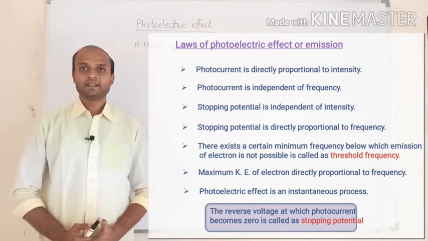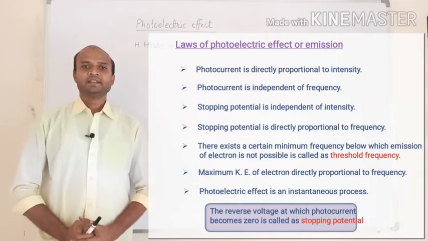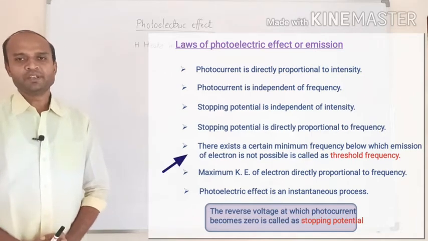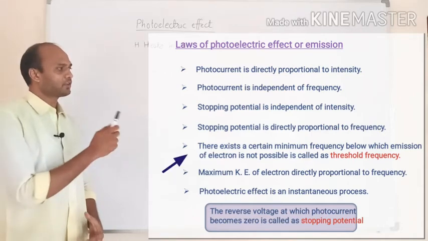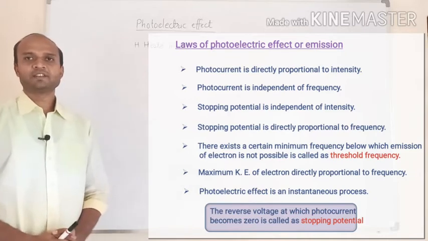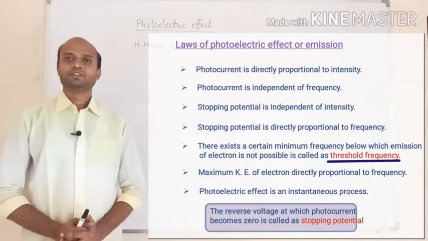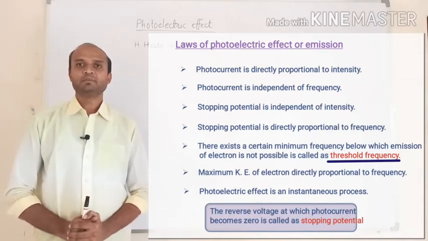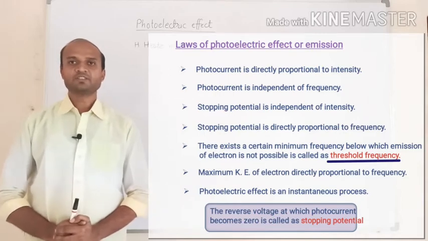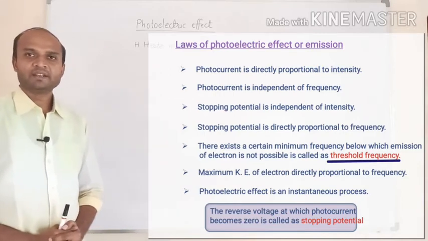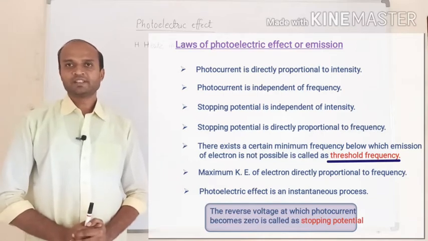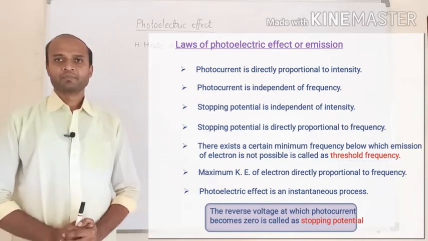Then there exists a certain minimum frequency below which emission of electrons is not possible, and this frequency is called the threshold frequency. So, existence of threshold frequency.